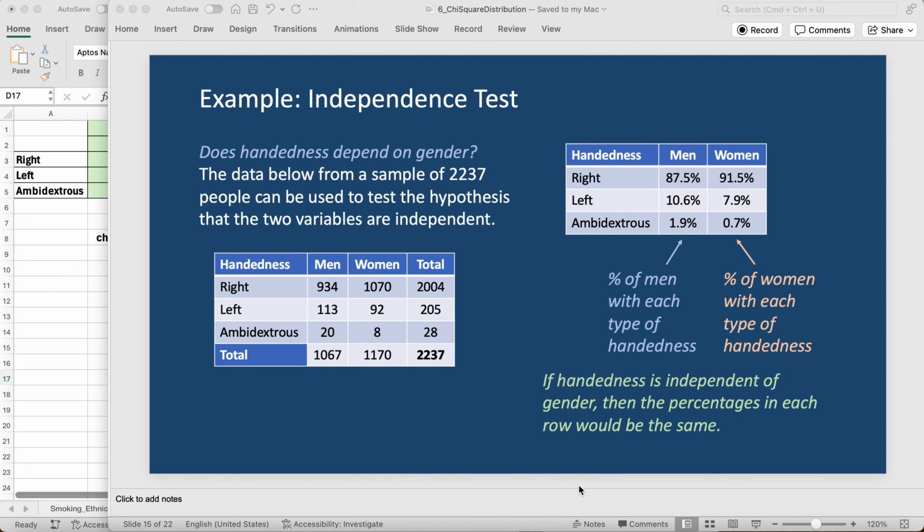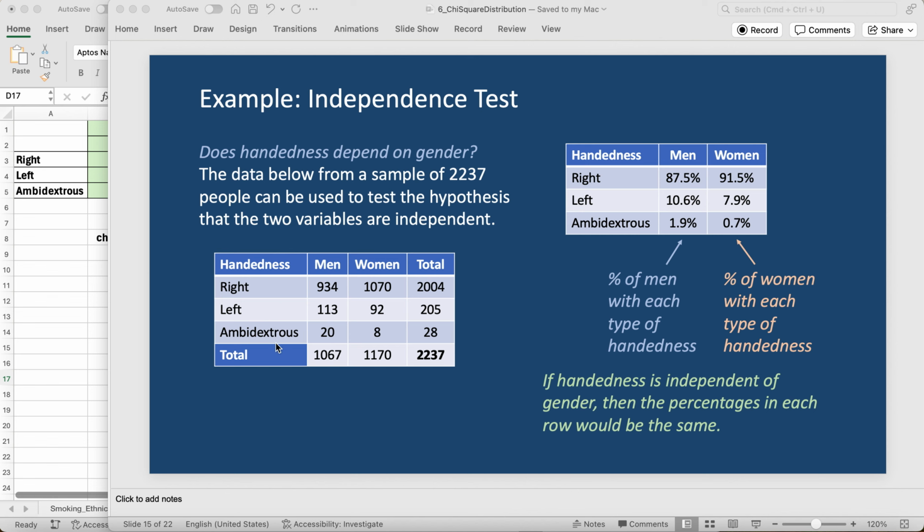With categorical variables, you can't quite do the same thing, but what you can do is look at the totals in each category and see how they compare to expectations if the two variables are independent of one another. So our expected values in this case are what you would expect if the variables are completely independent. So this will make more sense when we look at a specific example.